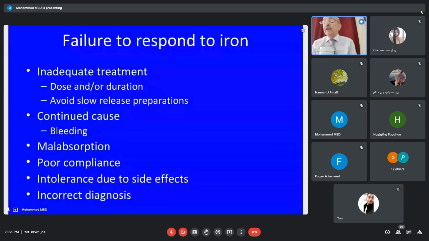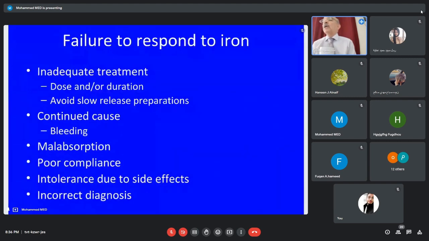And as I said, when you give oral iron, absorption from the GIT will increase when there is iron deficiency, and you should give iron for at least 4 months in moderate or severe anemia. Why?